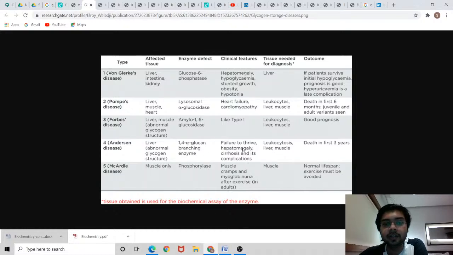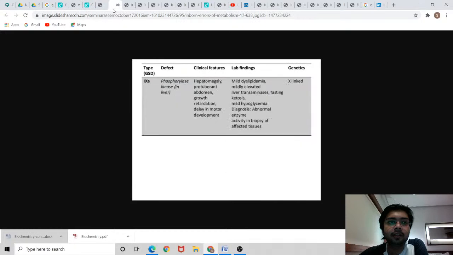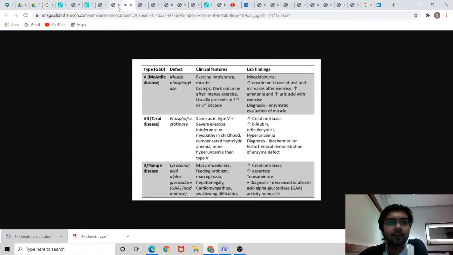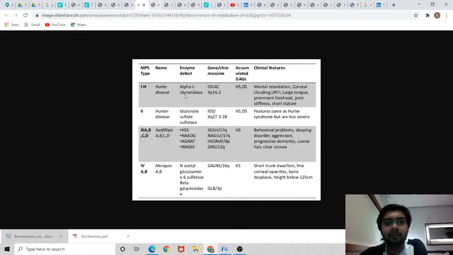In Anderson there will be hepatomegaly and failure to thrive, but in McArdle there will be only muscle pain. Enzyme deficiency you all know by now, and in a similar way you should know how to differentiate Hurler from Hunter's disease. In Hurler there will be mental retardation, in Hunter there won't be any mental retardation. So like that, you can just revise your part from inborn errors of metabolism, because they are really important.